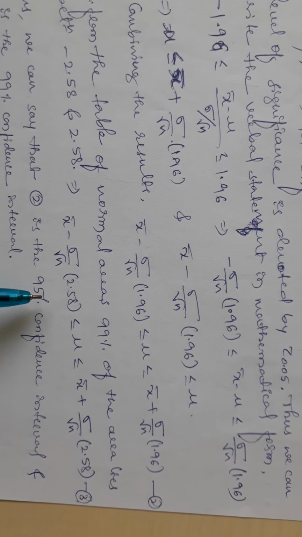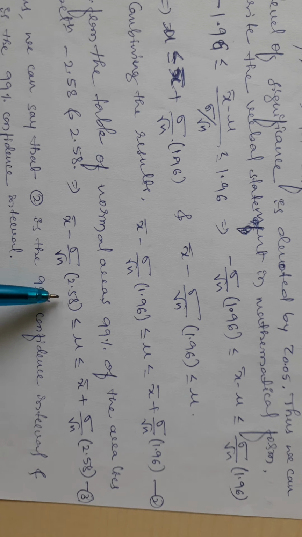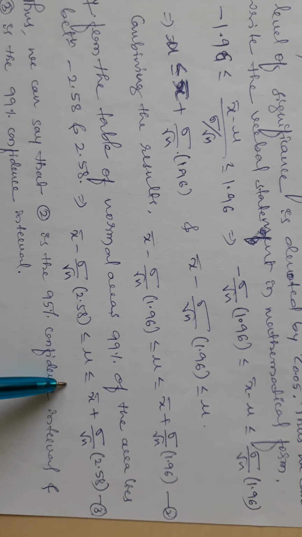Similarly, for 2.58, here we get the value in the normal distribution table 0.4951, and 2 times phi of z means we get 0.99, therefore it is 99%.